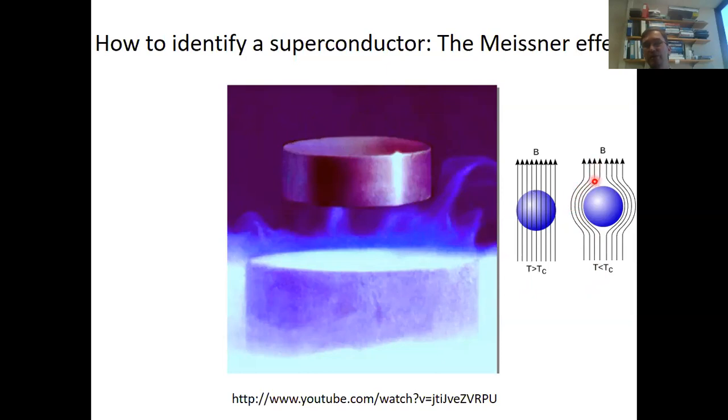It leads them around it. Therefore, when you place a magnet above a superconductor, that superconductor will float. Of course, that only happens below the critical temperature. Above the critical temperature, our superconductor will be an ordinary diamagnet. The field lines can easily pass, and our magnet will stop floating.